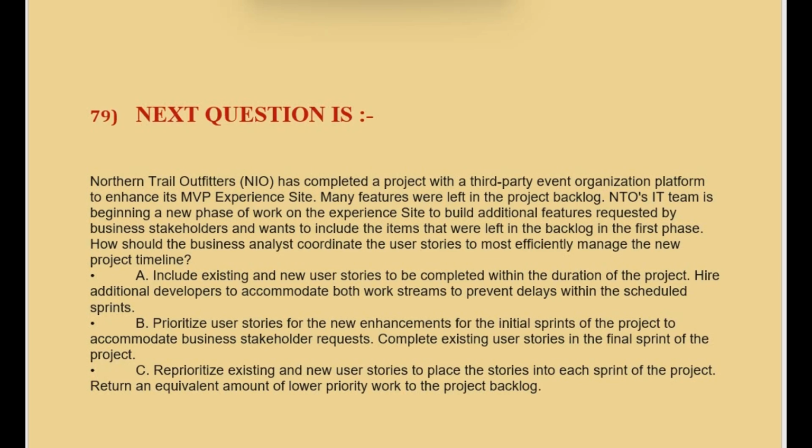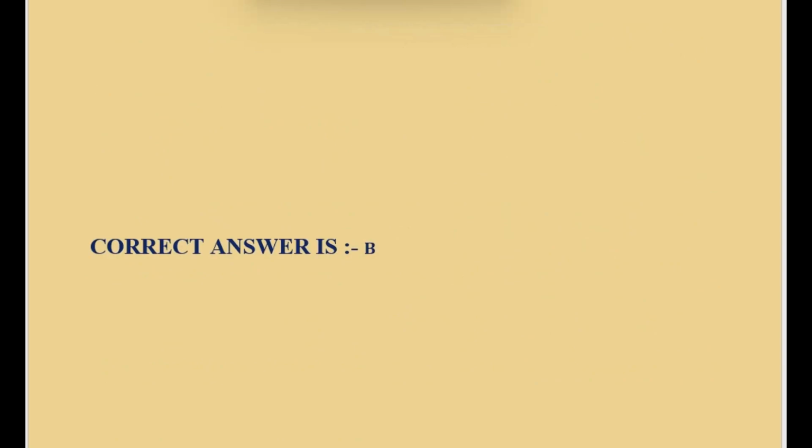Complete existing user stories in the final sprint of the project. Option C, reprioritize existing and new user stories to place the stories into each sprint of the project. Return an equivalent amount of lower priority work to the project backlog. Correct answer is option B.